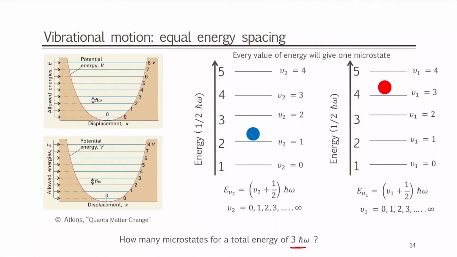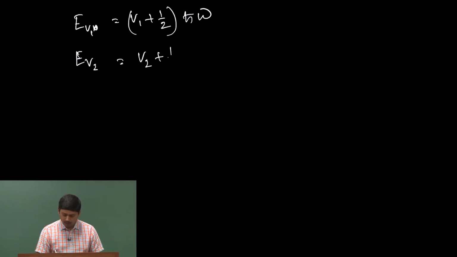Now, in order to get that, let us write down the energies. V1 gives me V1 plus half h cut omega, and V2 gives me V2 plus half h cut omega.